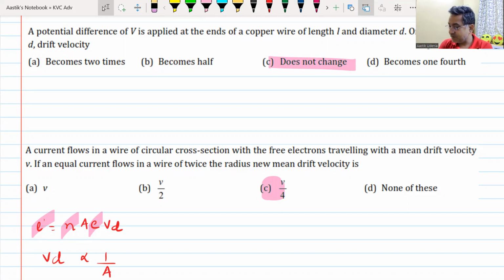A potential difference V is applied at the ends of a copper wire of length L and diameter D. On doubling the diameter D, what happens to the drift velocity? A current flows in a wire of circular cross-section with free electrons traveling with a drift velocity of V. If an equal current flows in a wire of twice the radius, what is the new drift velocity?